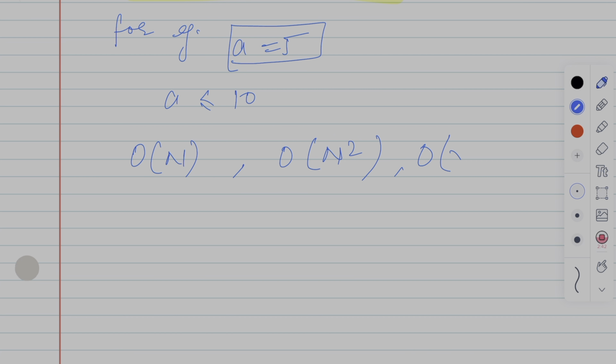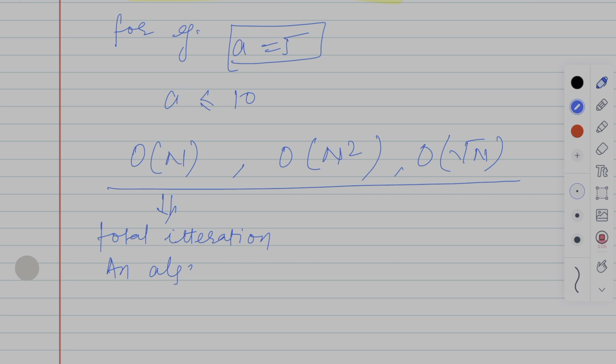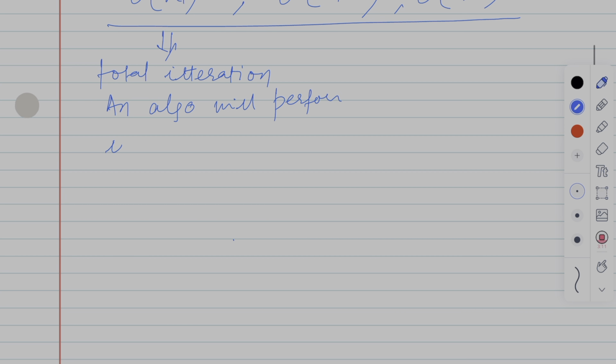So it means that the total iterations the algorithm will perform is n. Here n is the number of iterations.